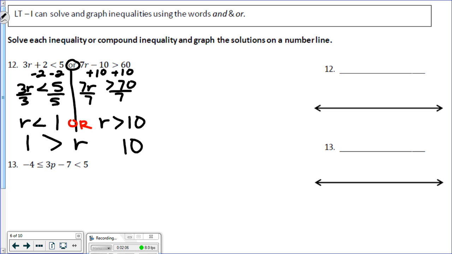Now looking at the right side, it says r is greater than 10. So what I want is for the alligator mouth to be eating the r. Alright, so we have two inequality signs that are opening to the left. So that would go on your answer line.